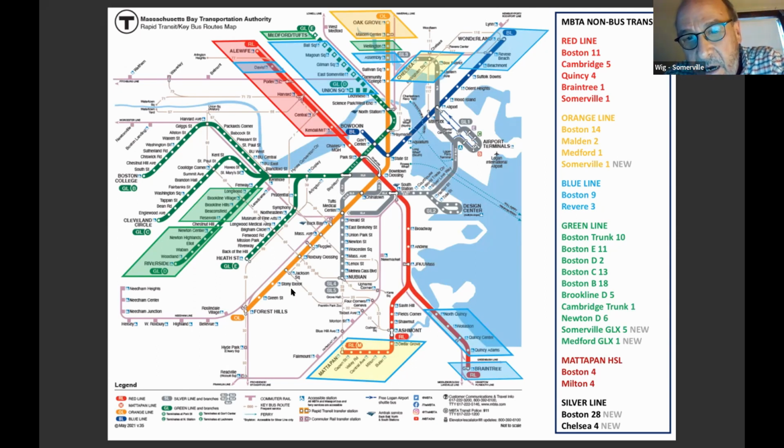But you can see the colors here. To the north, you've got a number of stations into some of the north of Mystic communities like Malden. You've got a number of stations into Revere on the Blue Line, and the Mattapan high-speed line, which one of our T-Rock members is fanatic about, has some sharing across boundaries.